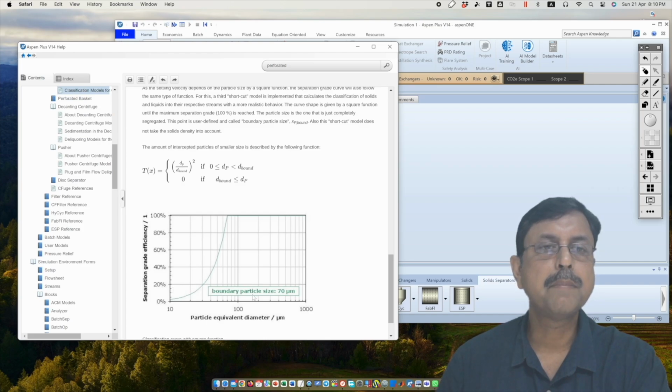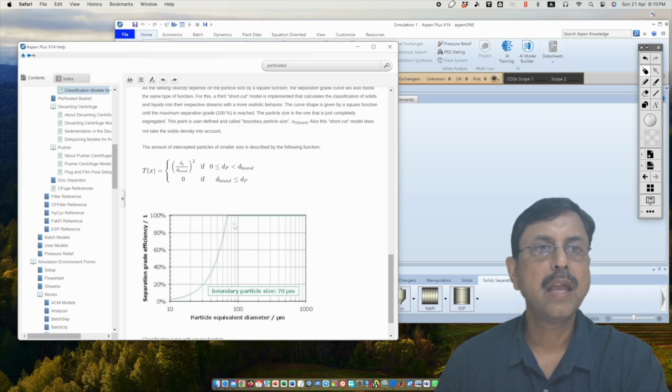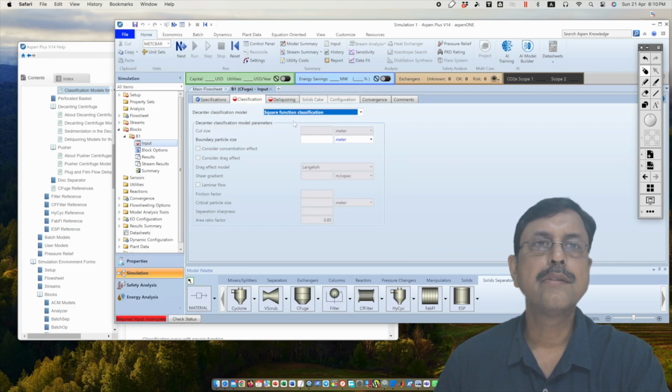So here the boundary particle size has been given as 70 micron. So below 70 micron, you have this formula, and you get a curve of this nature due to this squared function curve, and above this d bound it is 0. So that's how you get the separation grade efficiency using square function classification.